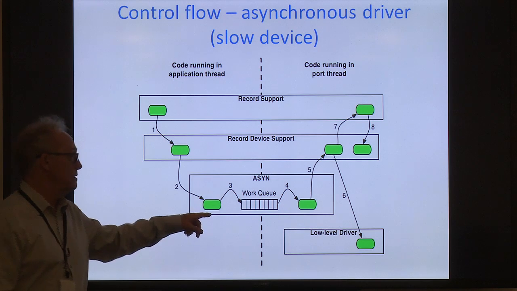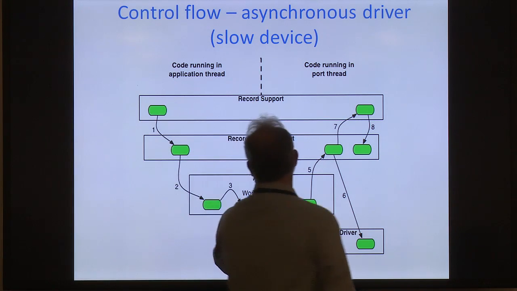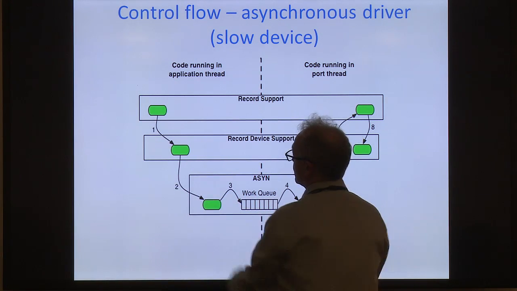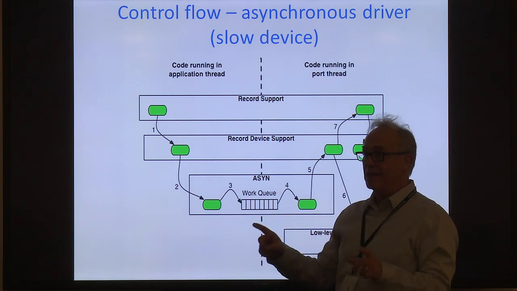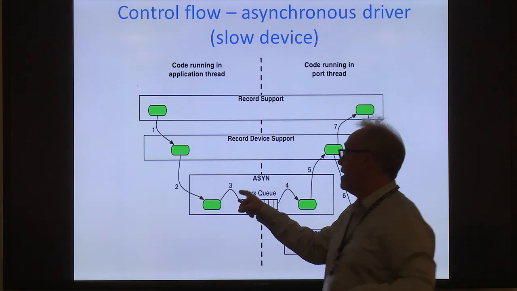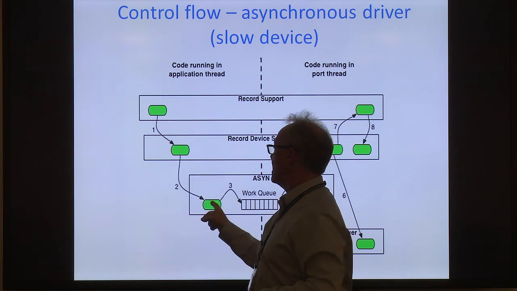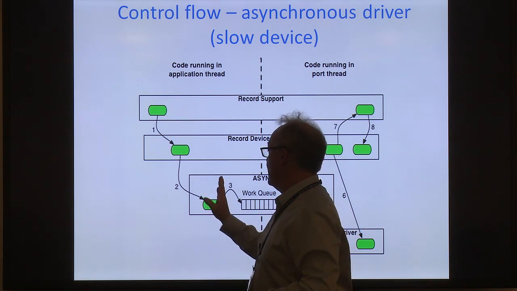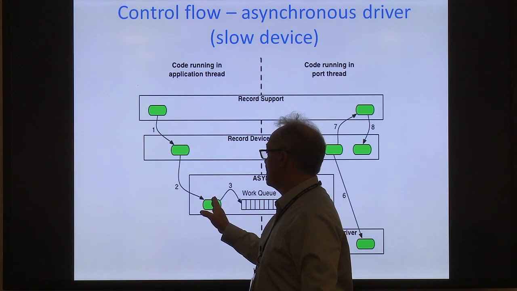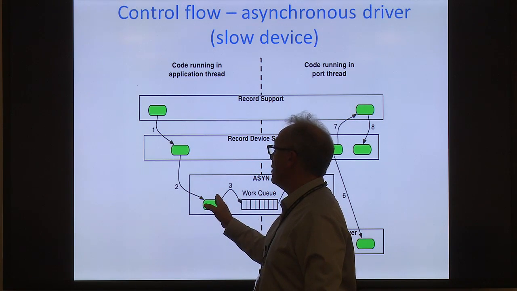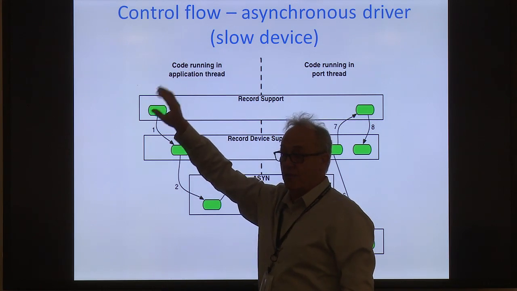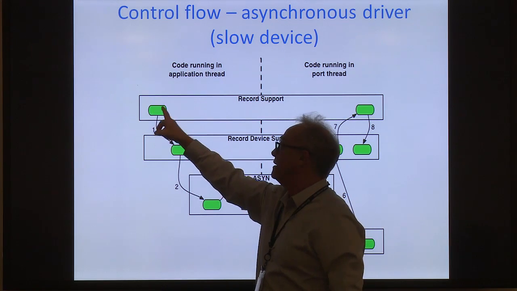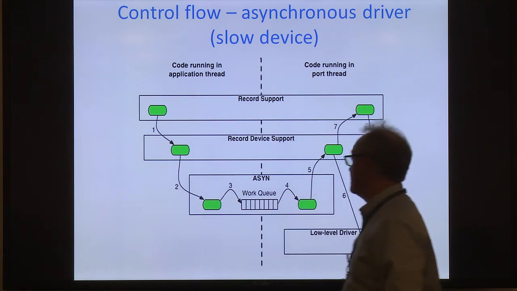At that point, ASYN manager puts it on a queue. Well, at this point, device support sets PACT in the record. PACT means processing is active, and the record support immediately returns. I haven't shown that on here. But as soon as it discovers it's a slow device, it calls queue request, sets PACT true, and returns. So the IOC can continue processing, right? It's not blocking the record from processing.